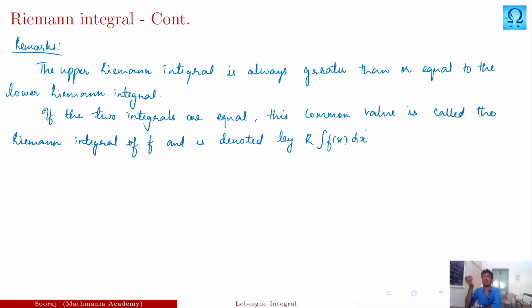Here I am writing R in order to specify that it is Riemann's work: Riemann upper integral, Riemann lower integral, Riemann integral. In order to specify that one, we write this R.